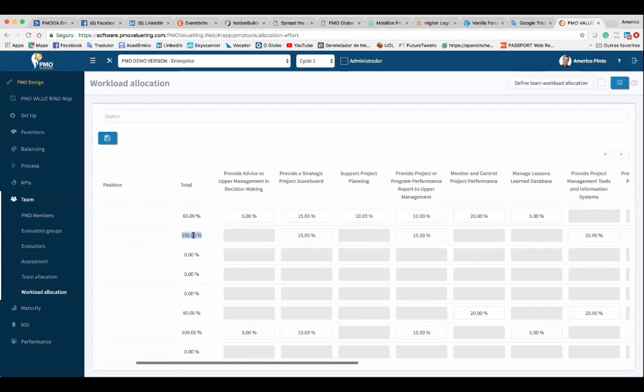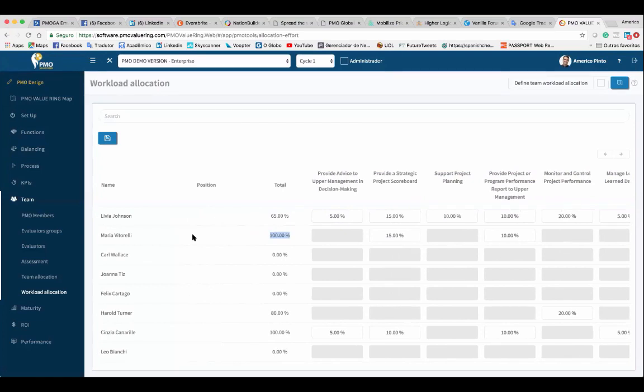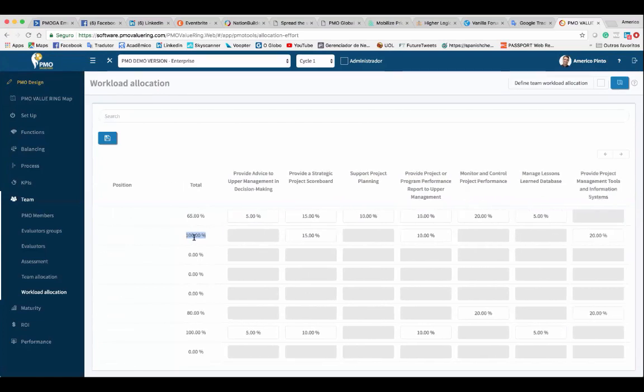So we can see that Maria Vitorelli, she's fully allocated. So she doesn't have any other spare time to do anything. If you have a number here like 150, it means that you need Maria and also half of Maria. So you have a problem, right?